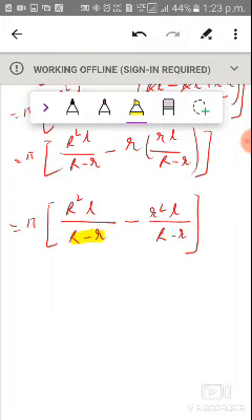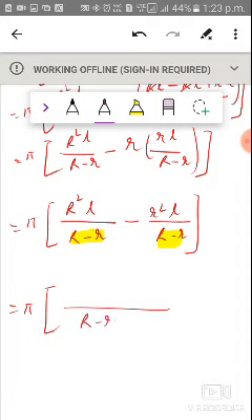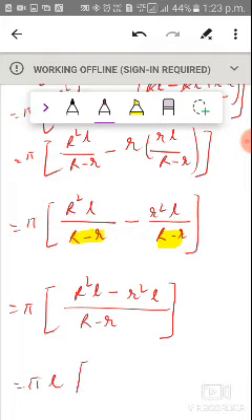That is R minus r here. Okay, so let us take the LCM, that is pi by R minus r. Okay, so we will get R square L minus r square L. Okay, we can take common L here, so taking L common, we'll have R square minus r square by R minus r.